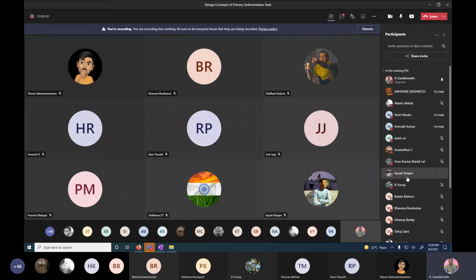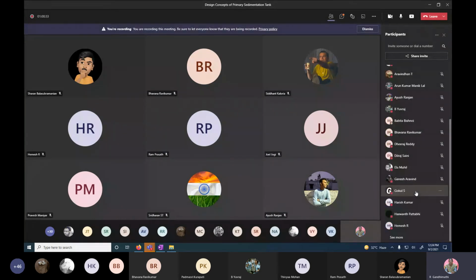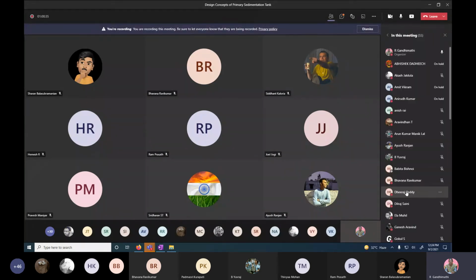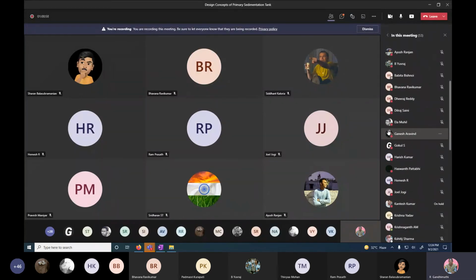Okay, a lot of people are not there. Anirudh Kumar is also on hold. Amit Vikram is on hold. You can note down, these people are not attending the meeting. Others are also, I don't know, but you can note down. Sharon, send me the message afterwards. Abhishek is also on hold. Maybe they are in another meeting. I don't know.